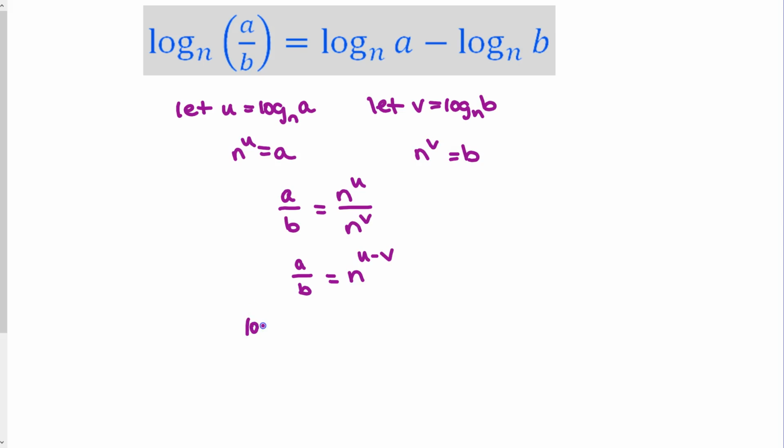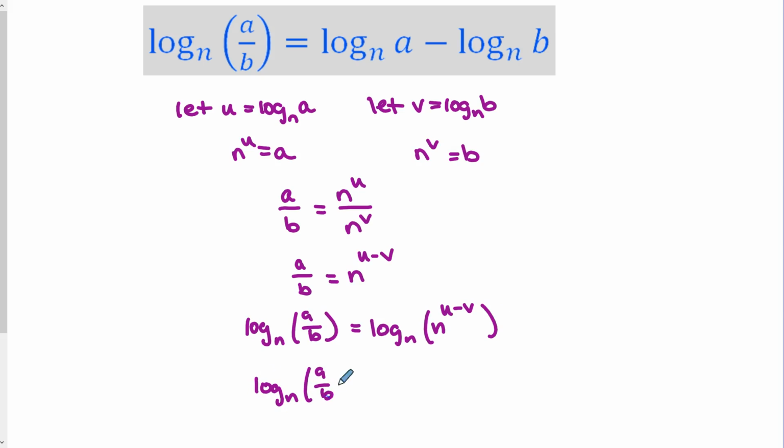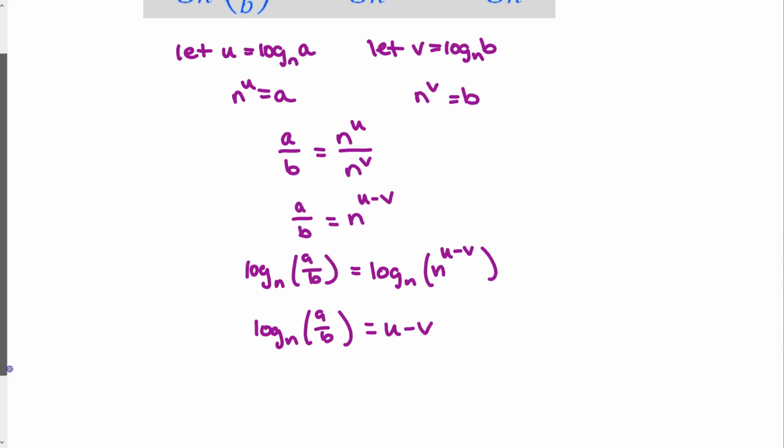Now let's do what we did in the previous proof. Take the log of both sides, so log base n of the left equals log base n of the right. And once again, we see inverse functions canceling. So on the right, it's just going to be u minus v. And let's go ahead and substitute.